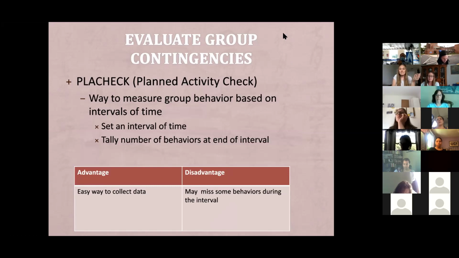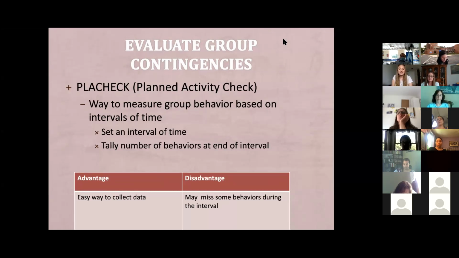For example, if you're running something during a reading lesson and reading is 40 minutes, you're going to take that 40-minute interval and break it down into smaller chunks of time. So maybe 2 minutes or 3 minutes, maybe 5 minutes. It all depends on what's easiest for you as a teacher in your classroom.